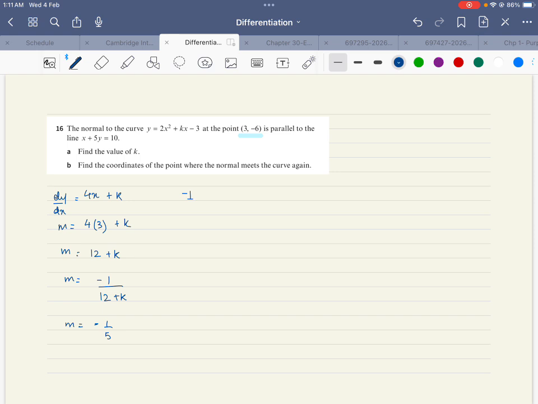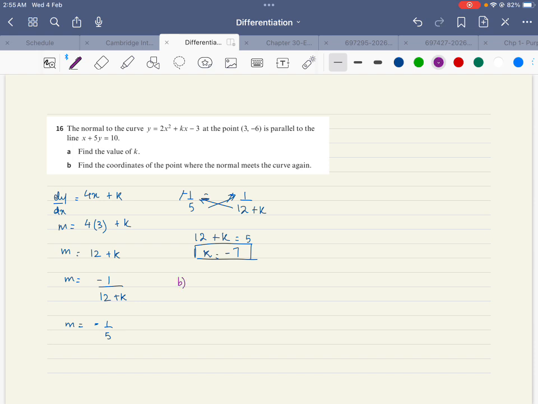So minus 1 upon 5 is equal to minus 1 upon 12 plus k. The minus cancels, and we cross multiply. 12 plus k is equal to 5, k is equal to minus 7. This is the answer. Part B says, find the coordinates of the point where the normal meets the curve again.